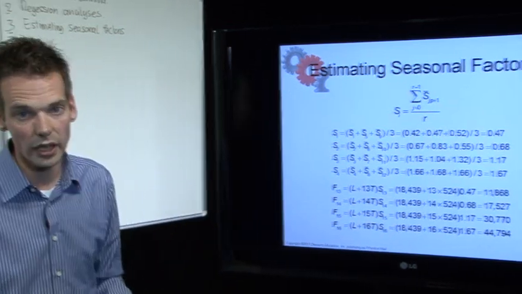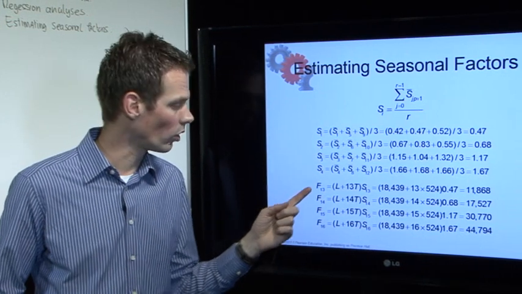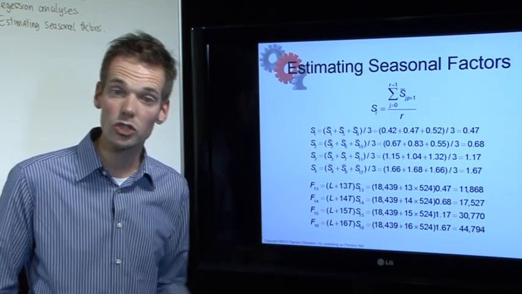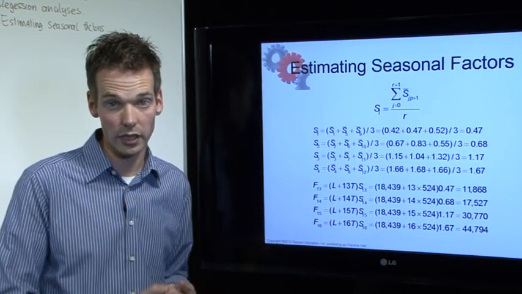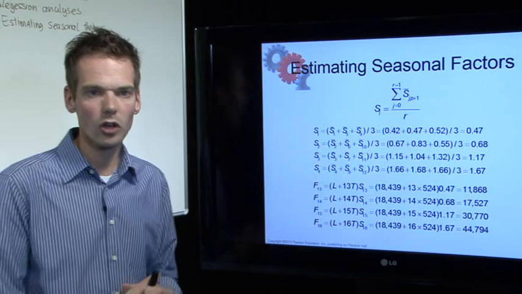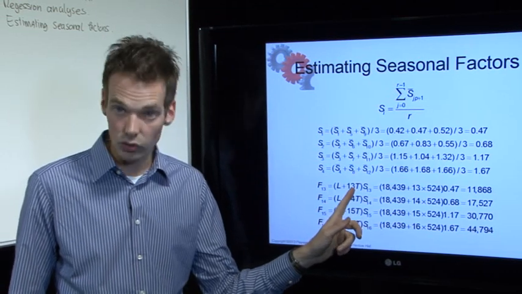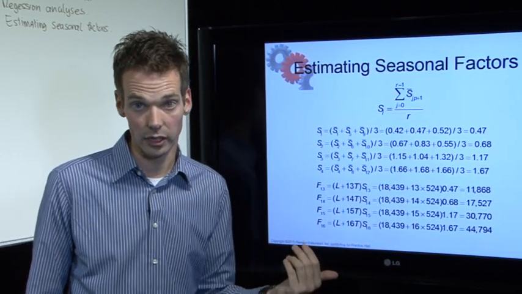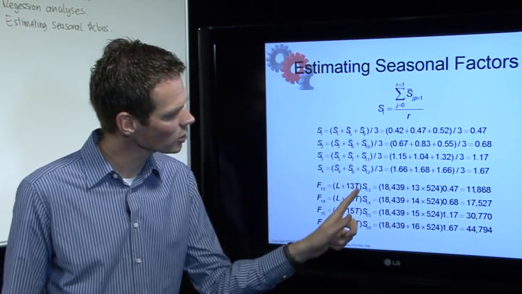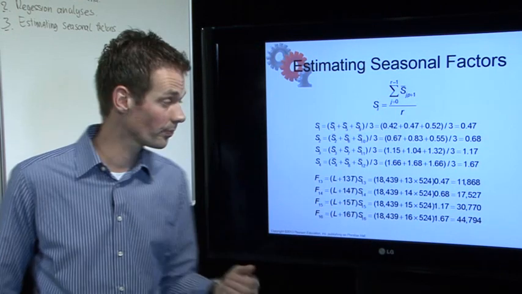So if we want to calculate the forecast for period 13, 14, 15 and 16, we use again the same formula that we crossed in earlier slides. In earlier slides we saw that level plus the trend times the period, and this times the seasonal factor for that particular period.